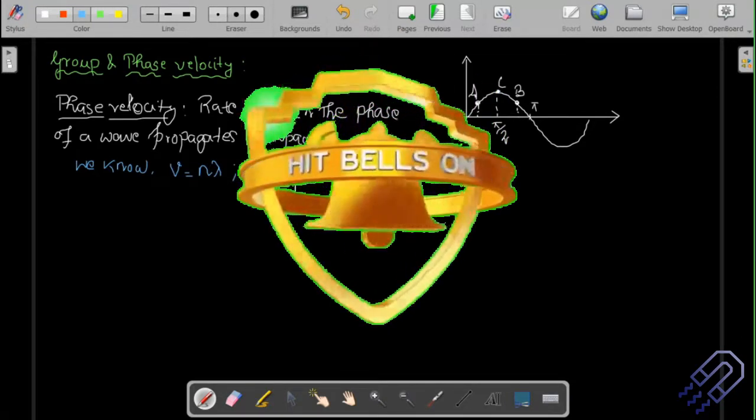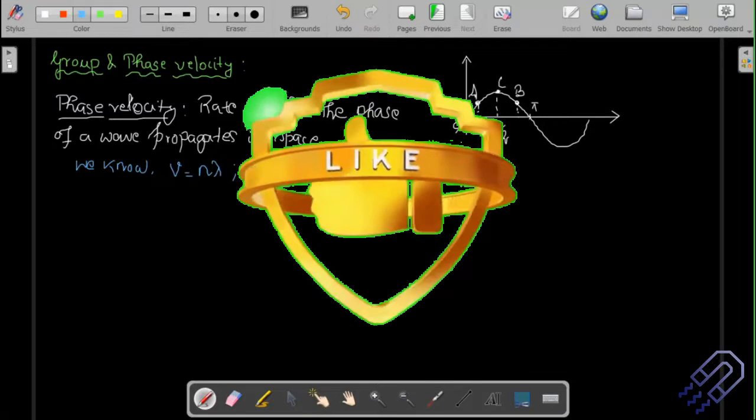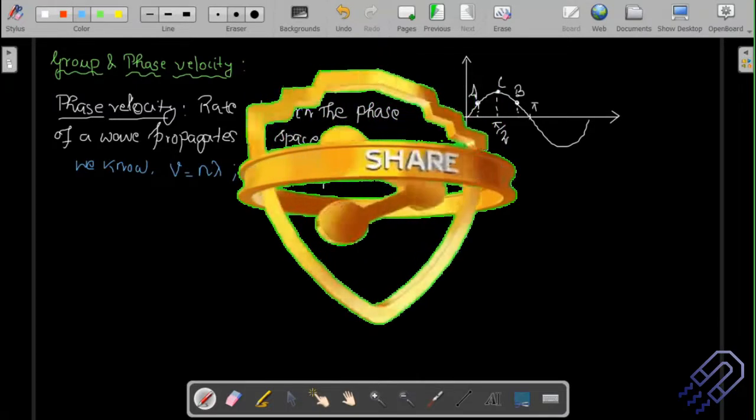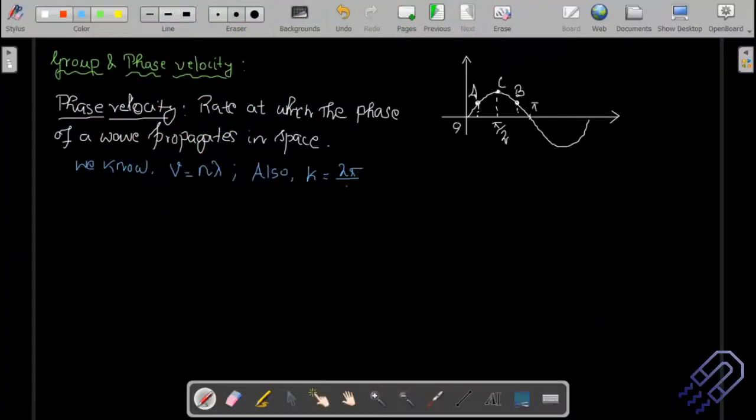But we also know that any wave will be represented by a wave vector, which we write as k, and the relation between the wavelength and wave vector is 2 pi divided by lambda. This is a relation which you might have done before also, and you should know that this is called the wave vector.